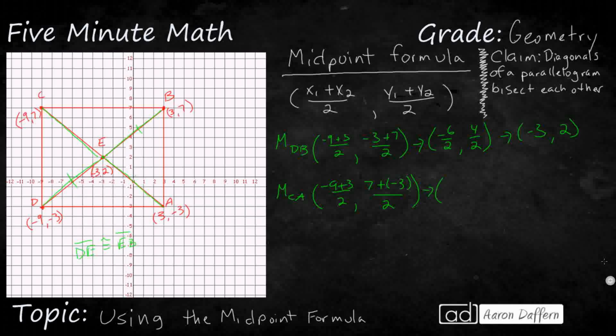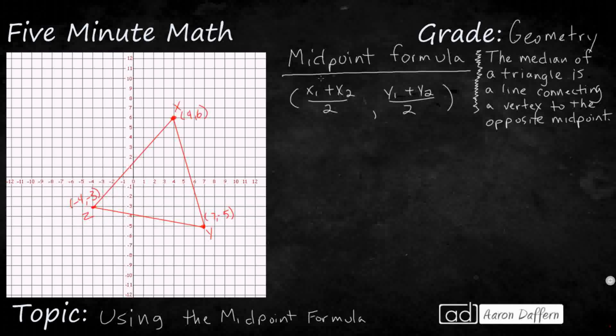It's going to end up being the same thing: -6/2, 4/2. So I've got the same midpoint, (-3, 2). So now I know that CE is congruent to EA. And since they both meet at the exact same point, we can say that the diagonals of a parallelogram bisect each other.